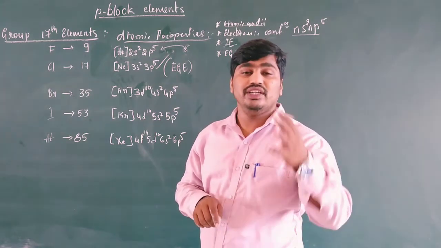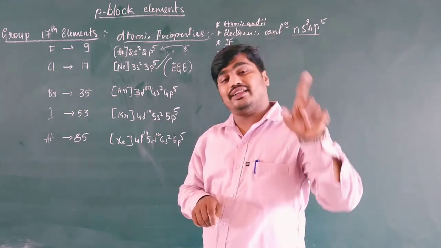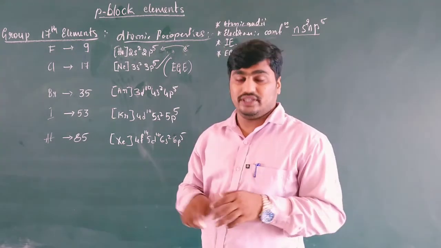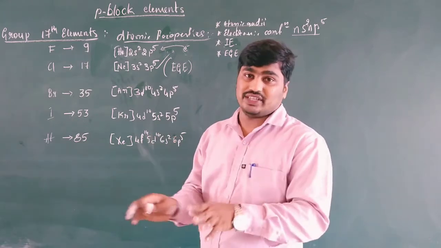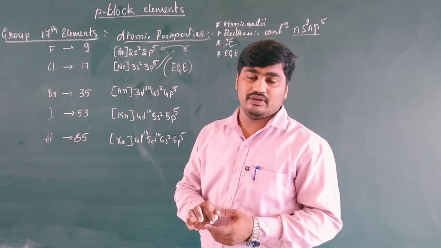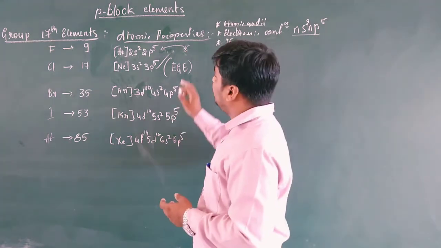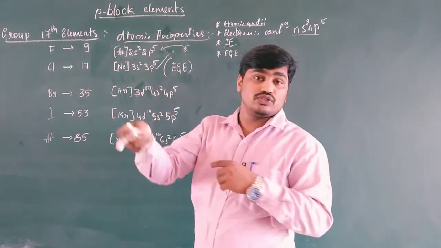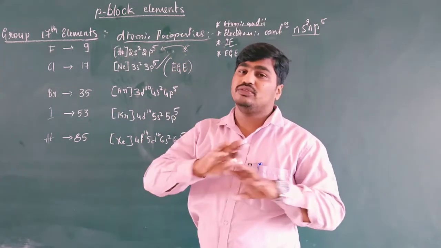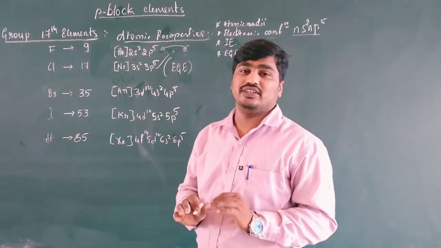Because of that, we need some energy to add the electron. So the released energy goes to fulfill that energy requirement. So the electron gain enthalpy of fluorine is smaller.